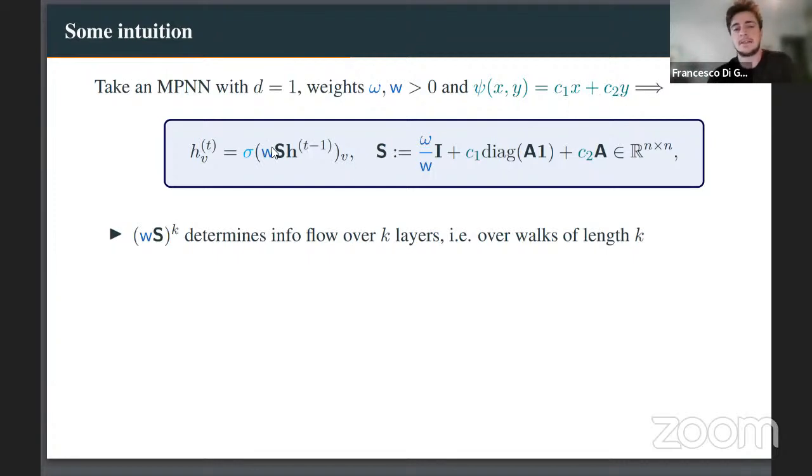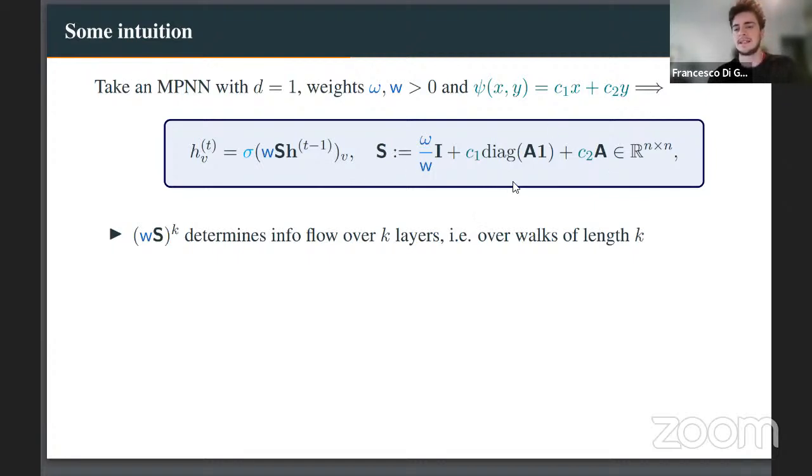So it's very easy to rewrite the general message passing layer I had shown you a few slides earlier as the action of a pointwise activation sigma over this vector, which is just basically w times this graph operator s acting on the features of the previous layer. And this graph operator s is defined here.